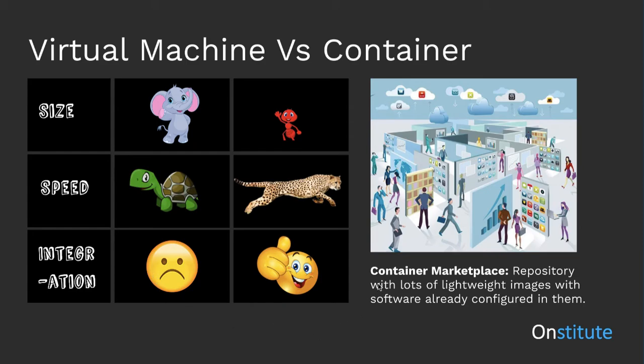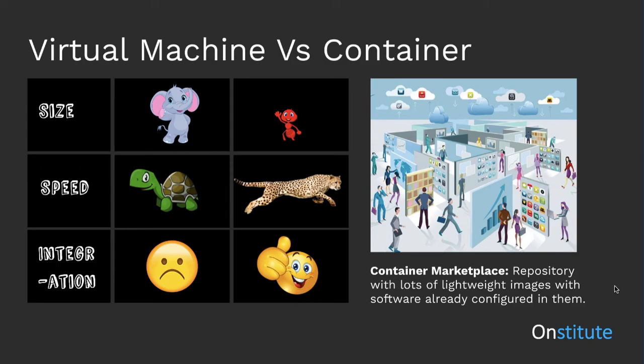Anyway, the fourth benefit is container marketplace. Because of the lightweight nature of the container images, it is possible to upload, download, and transfer container images easily over the internet. This facility enables creating big repositories with lots of lightweight container images with some popular software already configured in them.